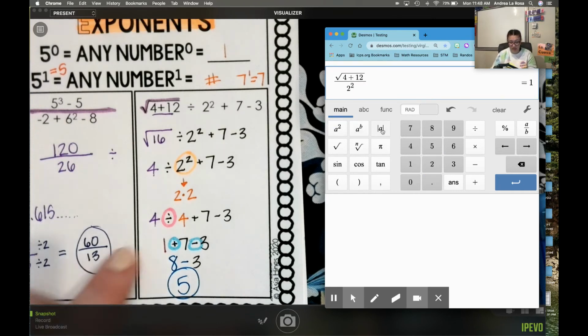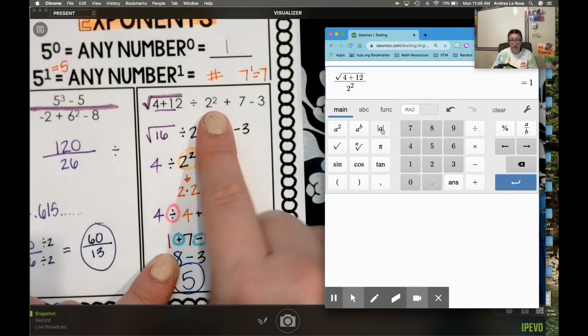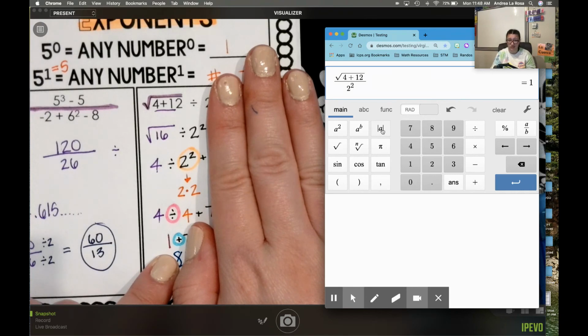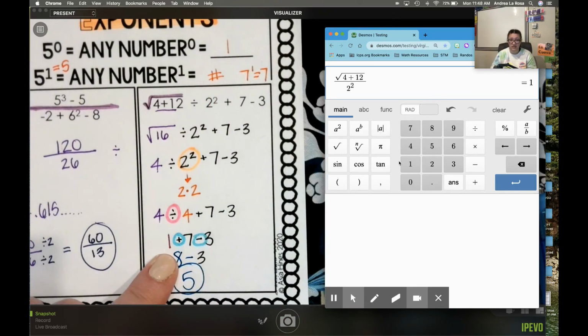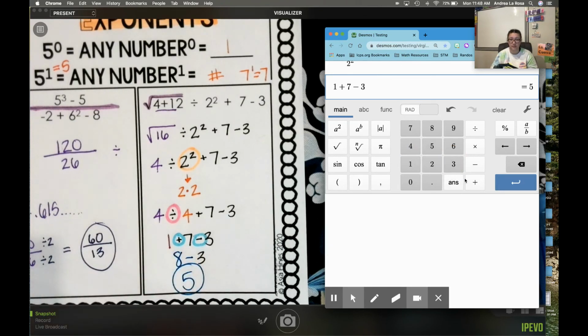It still gives me that 1. 4 squared plus 12 divided by 2 squared. That's all that bit. So I do get that part right. This one doesn't look so good in the calculator, does it? So I would need to use then that 1, and then I would add my 7 and subtract 3. And I still get 5.